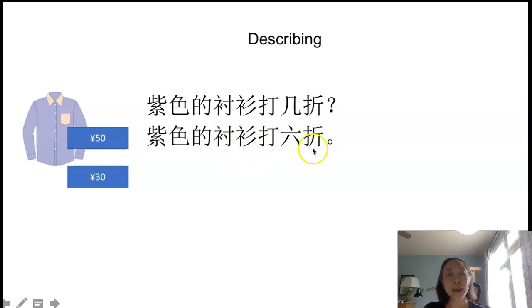So basically you pay 60% of the original price. Or you want to think in the English way, it's you basically got 40% off of the original price. Okay, whichever works for you.